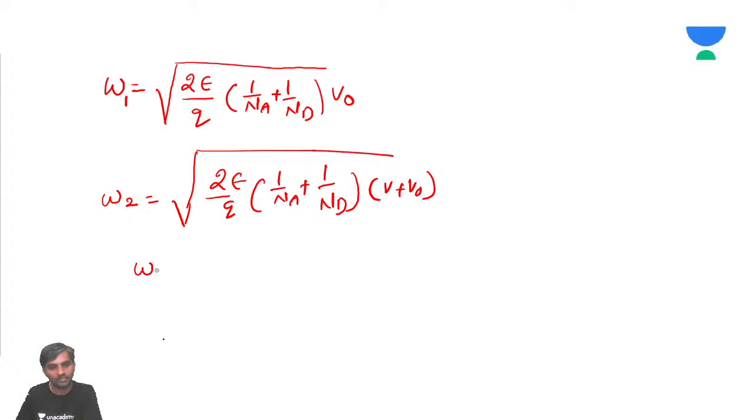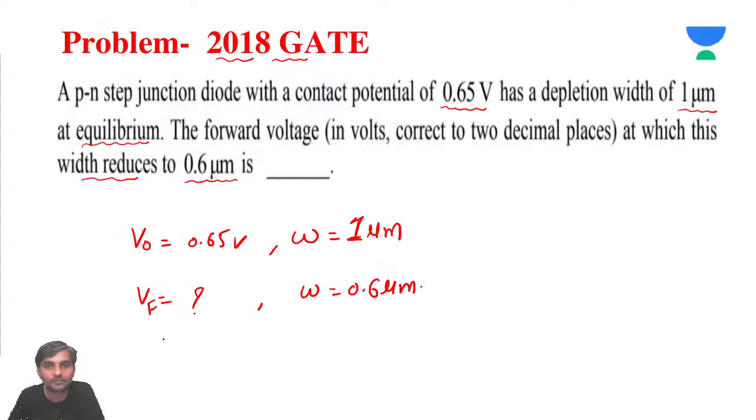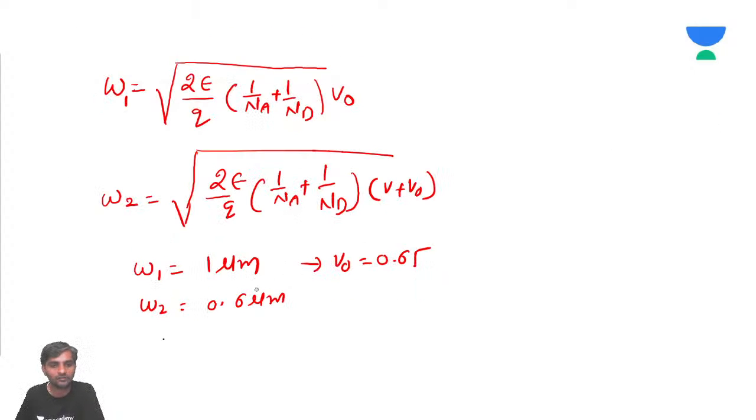So what is W1? W1 is 1 micrometer. W2 is going to be 0.6 micrometers. Its corresponding V naught is 0.65, which has been given. So V naught plus VF we need to find out. So simply what we need to do, sir?